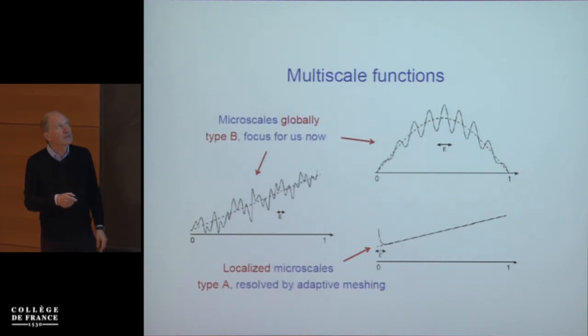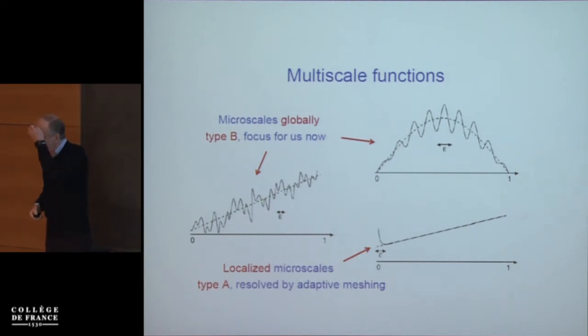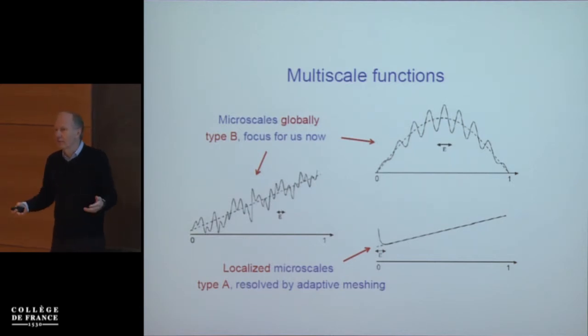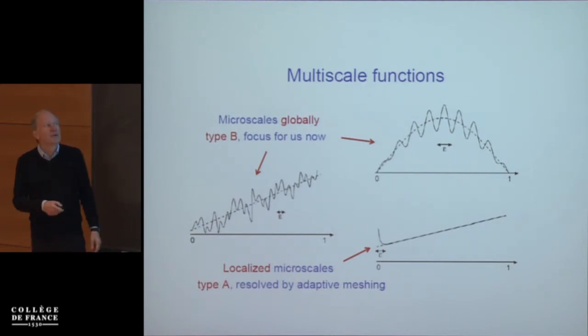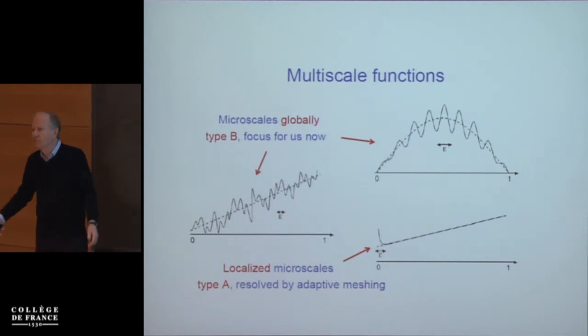Typically, practically, we treat two things very differently: whether the small scales or high oscillations are all over the domain, or whether they are localized, like in a boundary layer, or a stiff differential equation where something happens and then it settles down. For ODEs, there are methods that have long dealt with that efficiently, mainly by changing the coordinates, or which is the same thing, gridding.